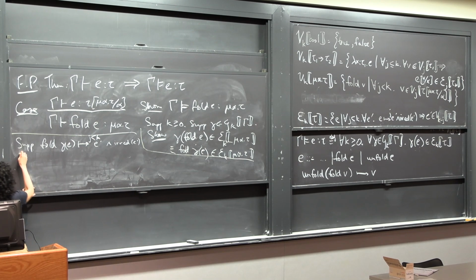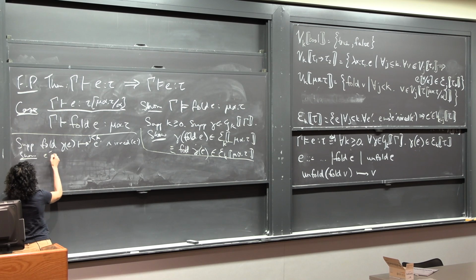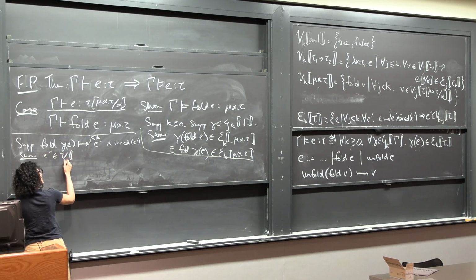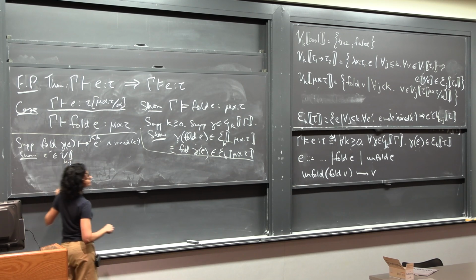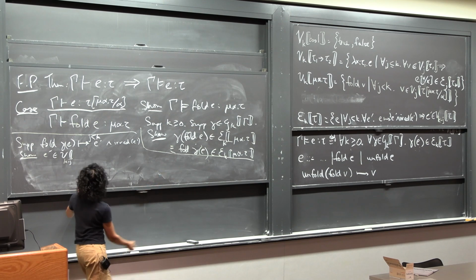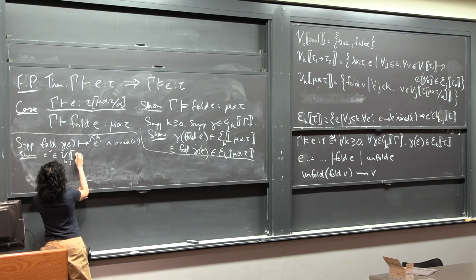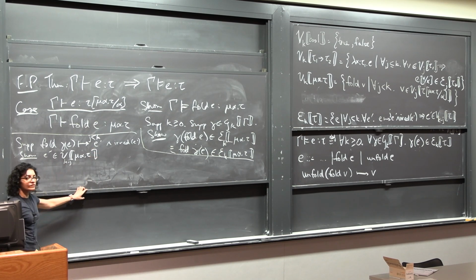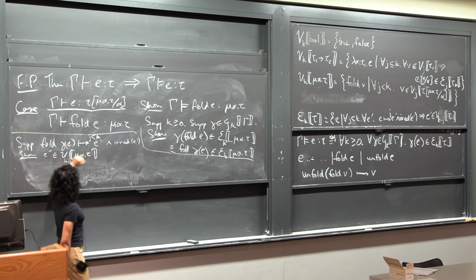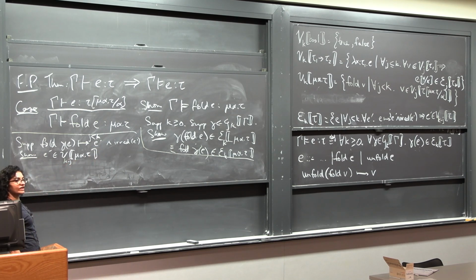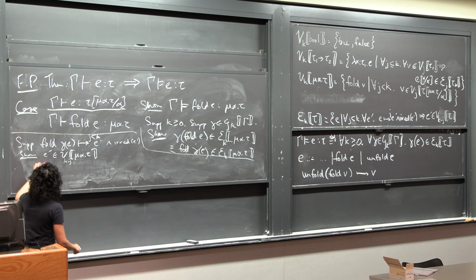And then to complete our proof, we will have to show that this E prime belongs to the V relation for the remaining k minus j steps, just reading off the conclusion of the E relation at our type mu alpha tau. So whatever this fold expression reduces to, we will have to show that it's a value that belongs to this mu alpha tau.